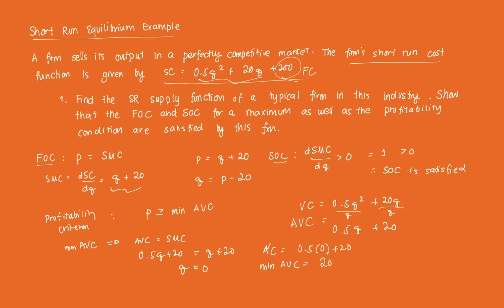Therefore, the profitability condition requires that P should be greater than or equal to 20. If the price falls below 20, then firms wouldn't have an incentive to produce.